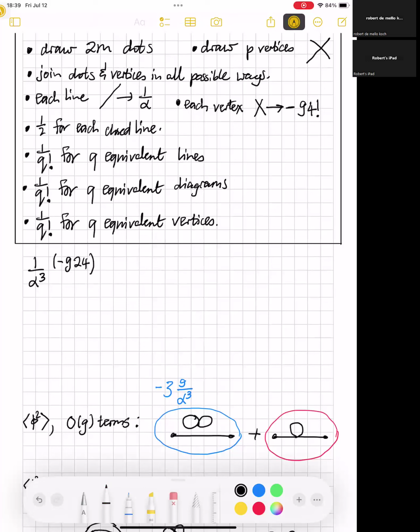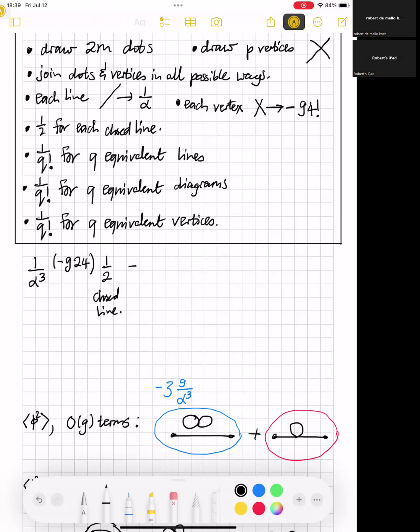Then, how many closed lines? Well, there's 1 closed line, that blue line that I've drawn there. So that's the only line that's closed. So we're going to have 1 over 2 for the closed line. How many equivalent lines? Well, none of those lines have the same start and end points. How many equivalent diagrams? There is just one diagram. How many equivalent vertices? There is just one vertex.